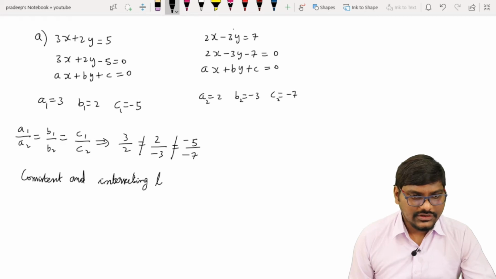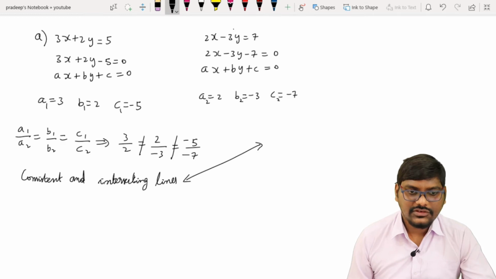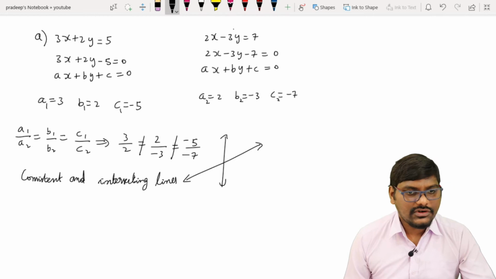Okay, so how do intersecting lines look? This is the first equation, and the second equation will intersect the first one. What is the first equation? That is 3x plus 2y equal to 5, and the second equation is 2x minus 3y equal to 7.